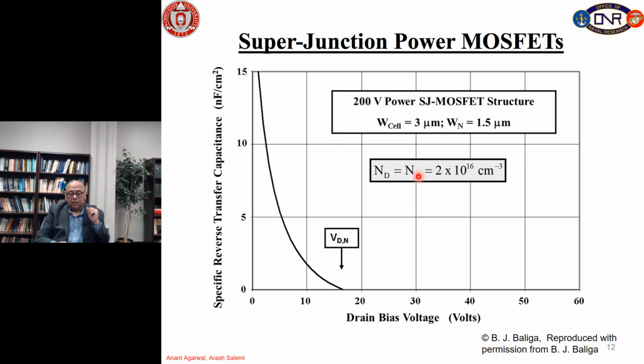The dopings were 2 times 10 to the 16, and you can see that the CGD very quickly goes to 0 at around 18 volts. And that's when at 18 volts we have completely depleted both N and P type regions.